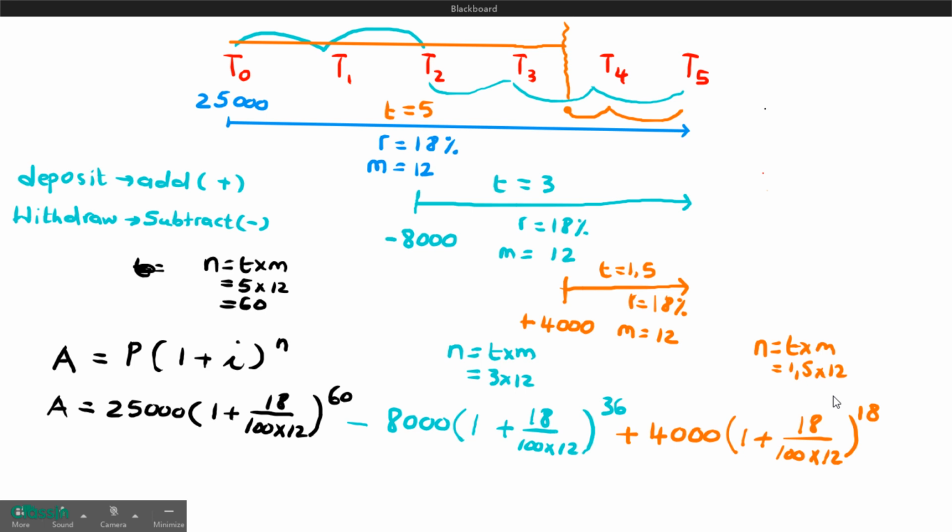When you press the calculator, it will say the value of your investment. Let me check. Here it gives me 96,000 something. Let me check if I made a mistake somewhere.